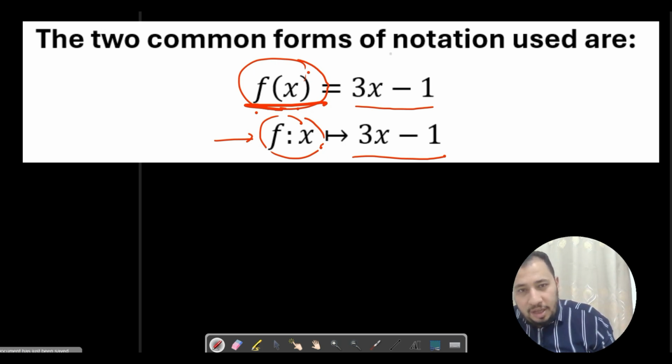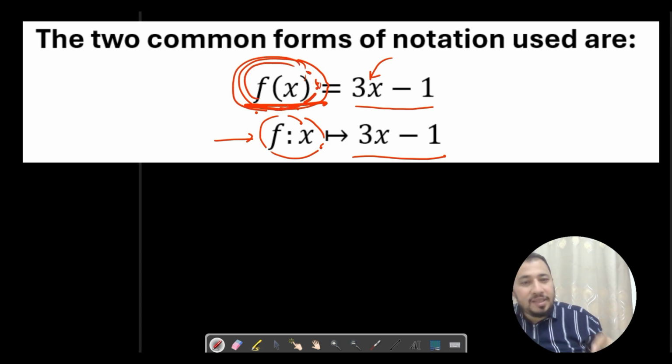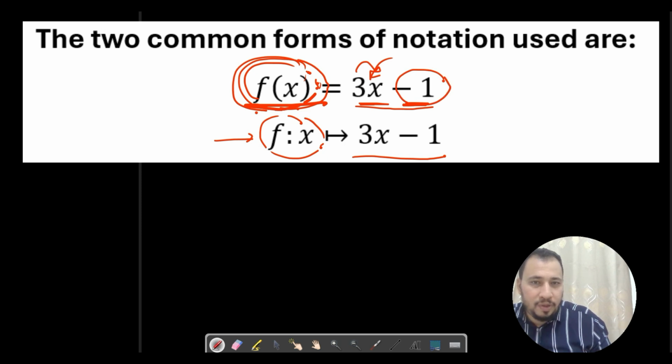Your input here is x. Your output will be f of x, okay? And this can be easily explained by a flow chart or flow diagram. Here, if you try to understand what's happening, x is multiplied by 3, then you subtract 1. At the beginning you have x.